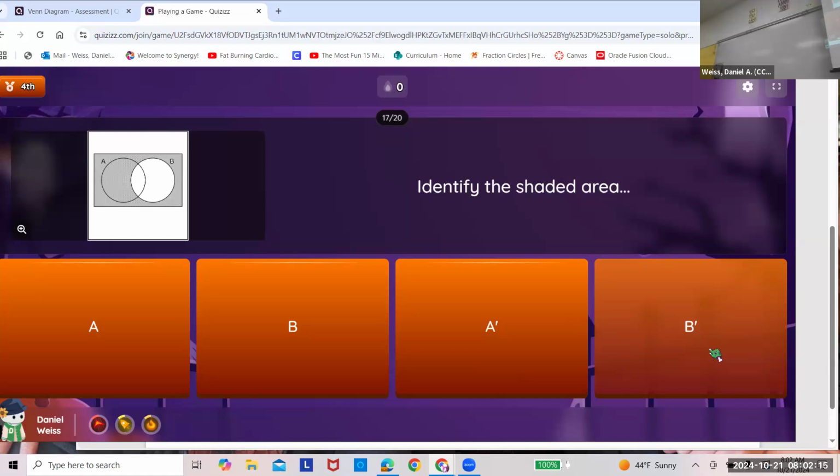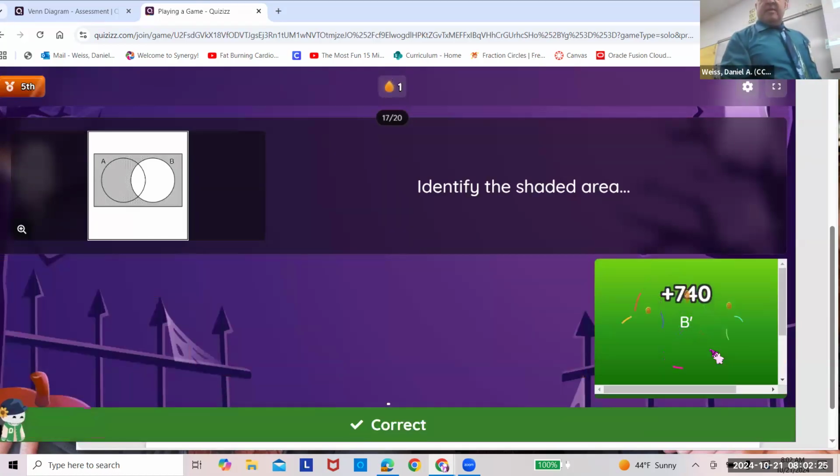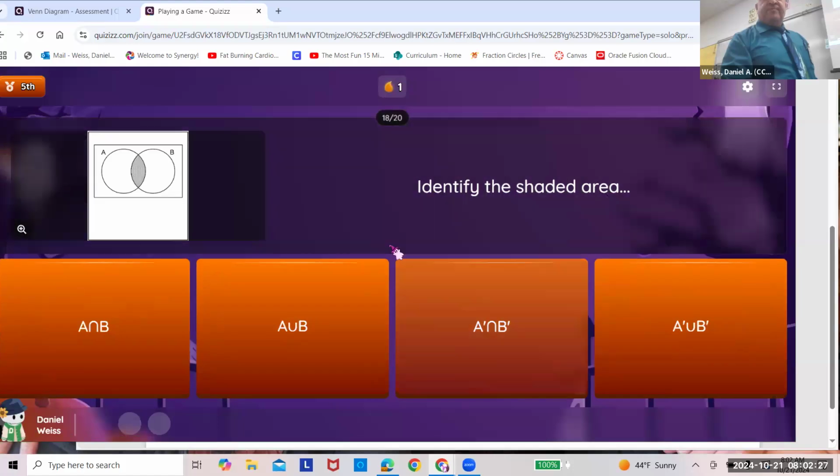That's the same as not B. Okay. Now, this upside down U is the intersection. Where do they intersect? This is the intersection of A and B. Okay.